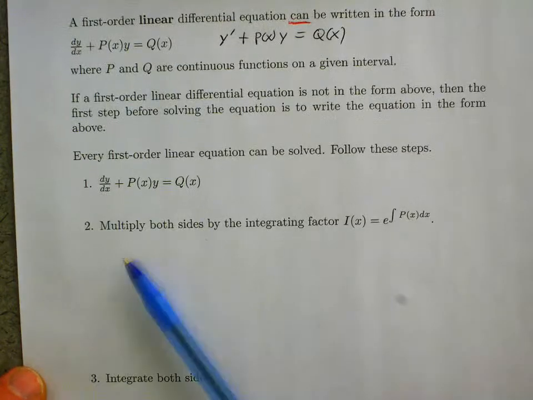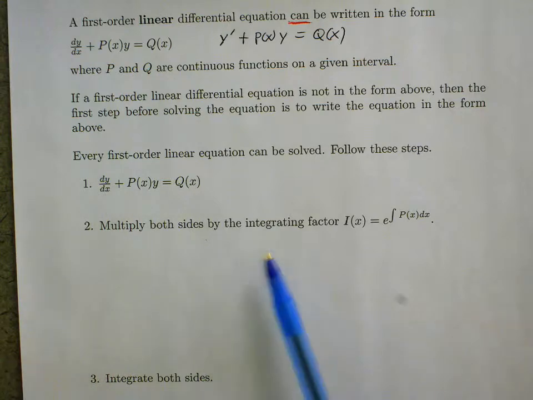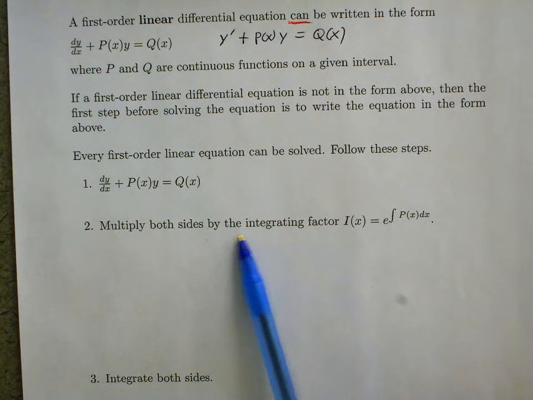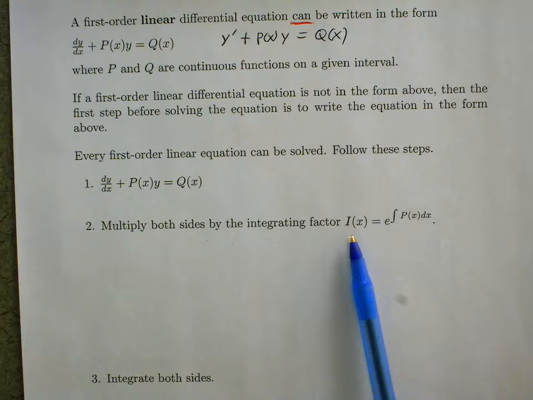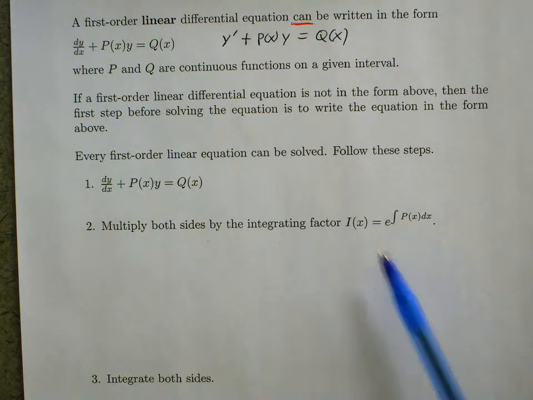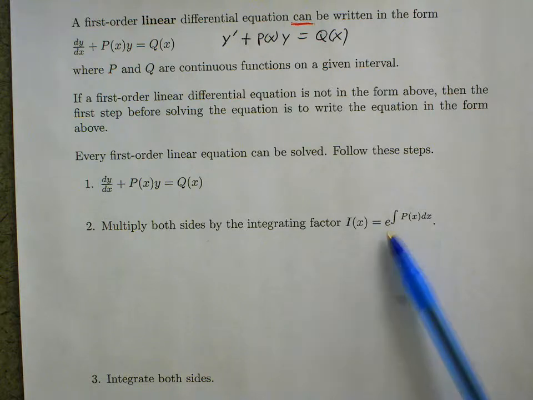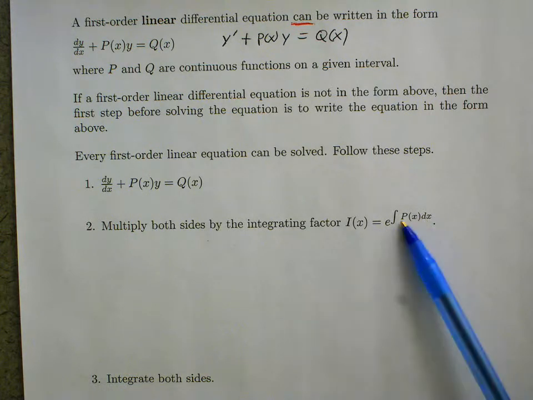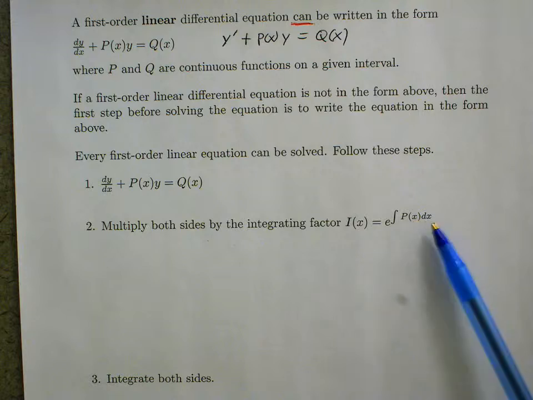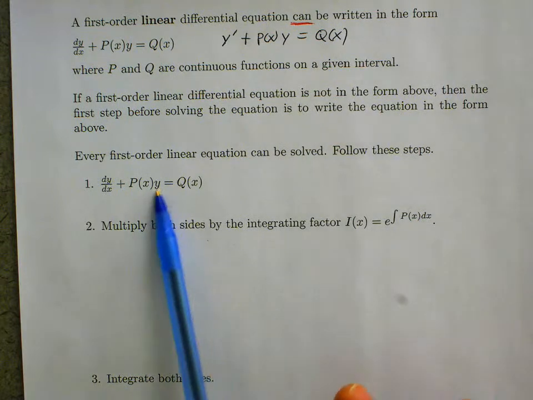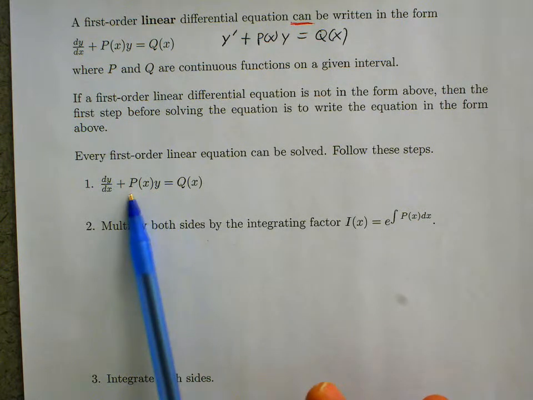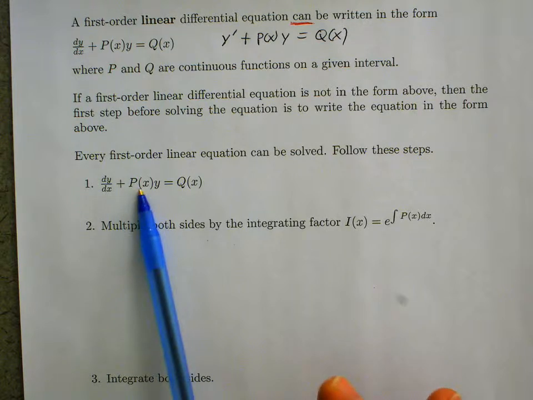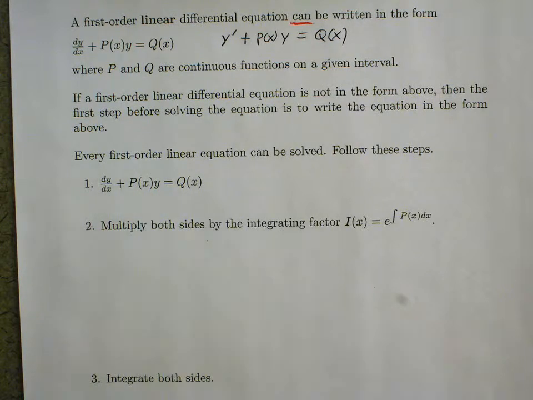Then we multiply both sides of that equation by what is called the integrating factor function, capital I of x. And it's determined by raising e to the integral of p of x dx, where p of x is the function of x that we're multiplying by y in this form.